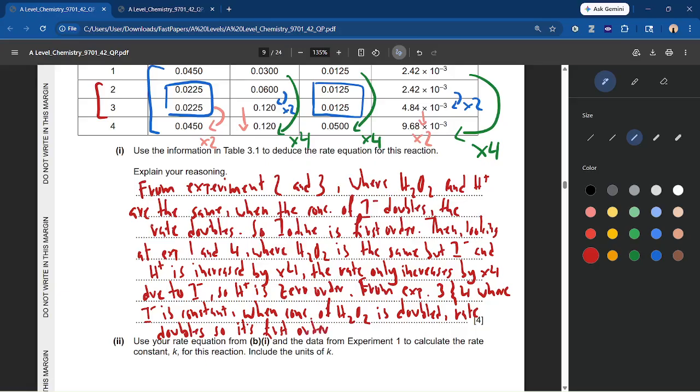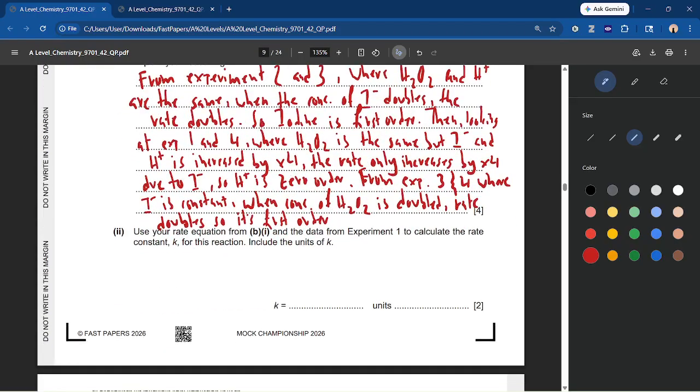And then the rate is going to be, let me just write it down over here, rate equals k, and then you put H2O2 and iodide. And there we go. Simple as.